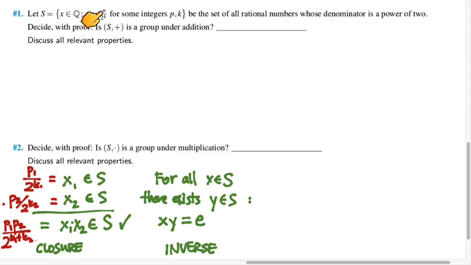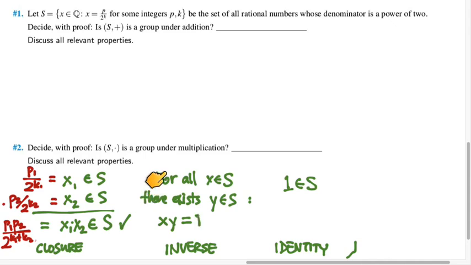Because, for example, if you take p equals 2 and k equals 1, we get 2 over 2, which is 1, right? So we know for sure that 1 belongs to our group and actually satisfies the identity property. So anytime we talk about inverse, we really have to establish identity first, right? 1 belongs to S. Okay, so xy equals 1.